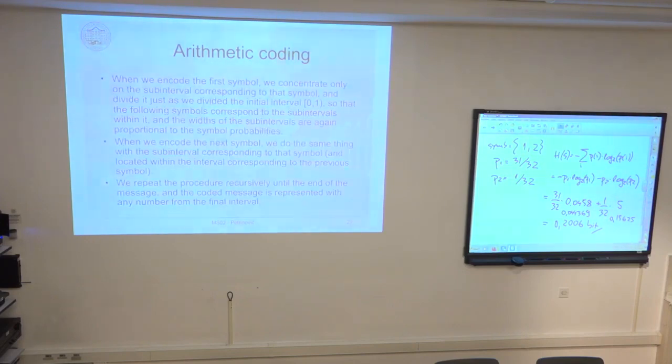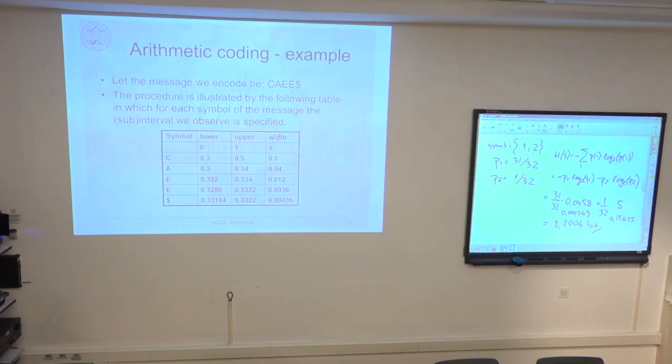When we encode the first symbol, we concentrate only on the subinterval corresponding to that symbol. I will show in an actual example how we do the encoding or decoding. For example, let's say that we want to encode the message CAEE$. I want to create a number that will encode the whole message at once.